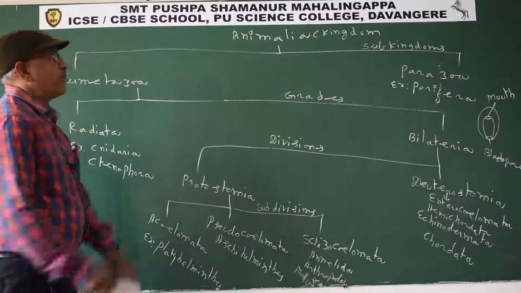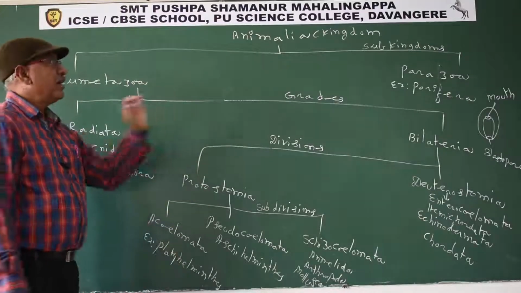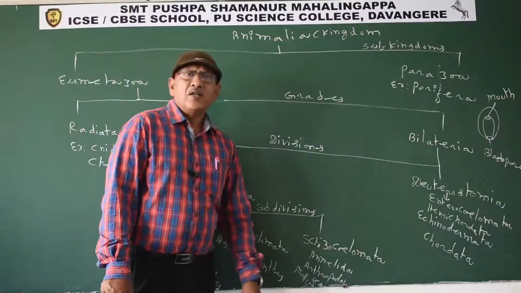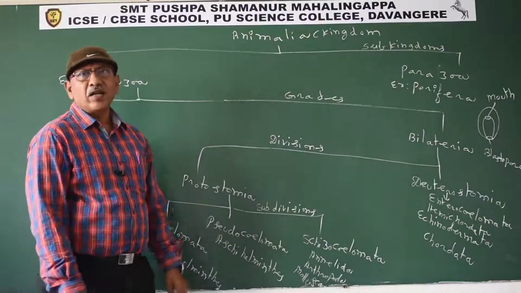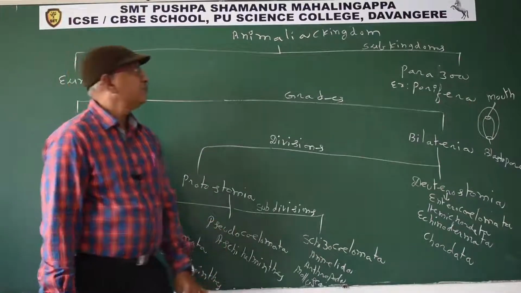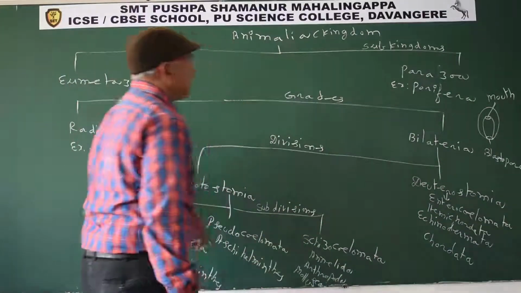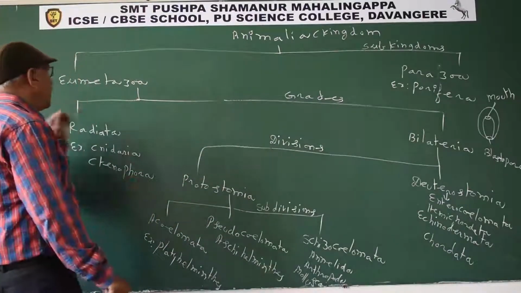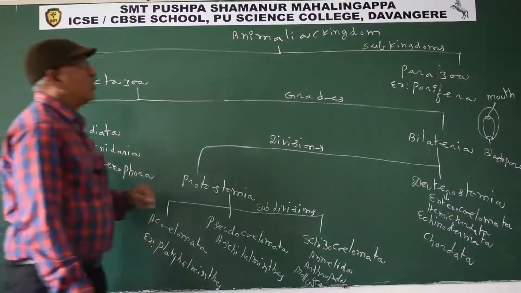So this is the classification of kingdom Animalia. Once again, all multicellular animals are included in kingdom Animalia. Kingdom Animalia is classified into two subkingdoms, Parazoa and Eumetazoa.